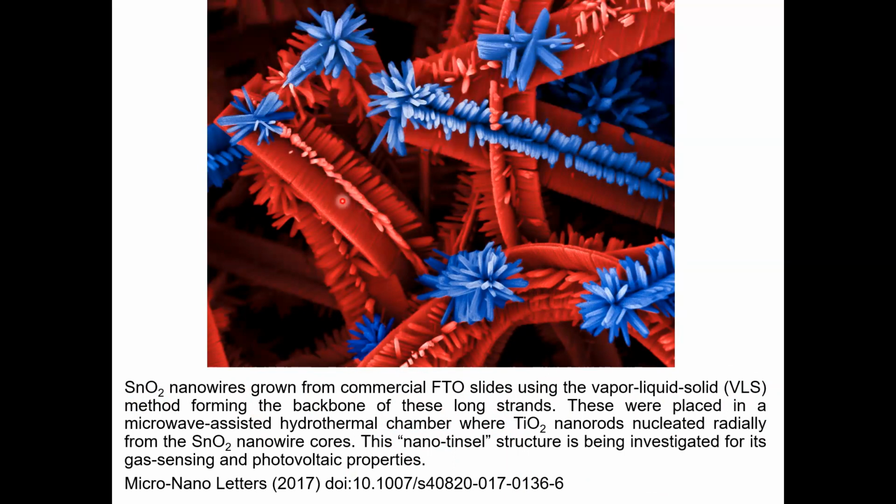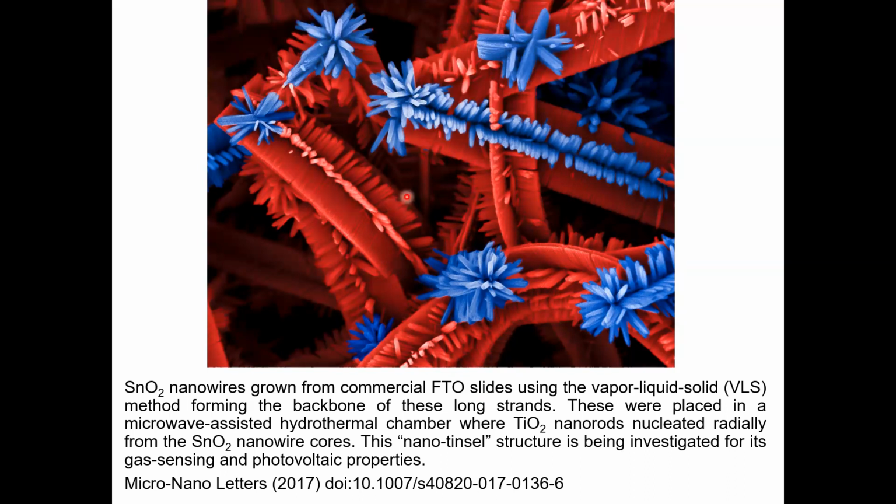So this is an interesting structure in the sense that the gas-solid interaction or catalysis could be done on TiO2, and the electrical conduction pathway can be separate. The electrical conduction pathway can be tin dioxide, and the reaction or interaction of whatever we are trying to detect can be done on the TiO2 nanotinsels.